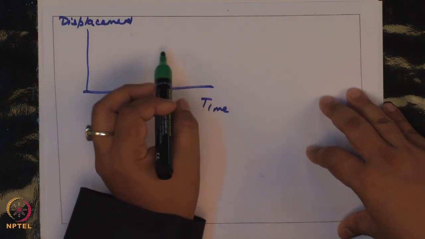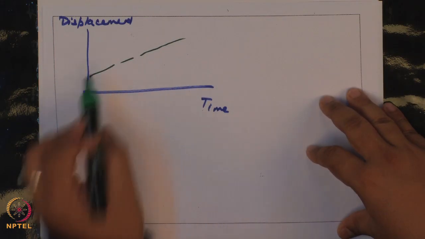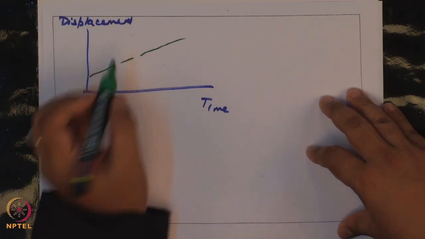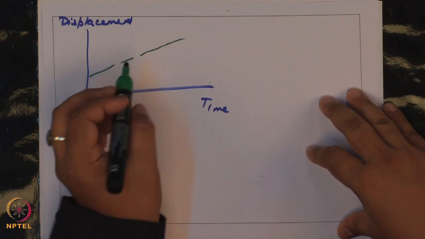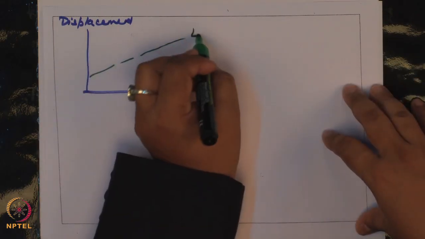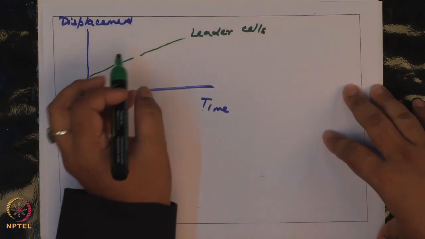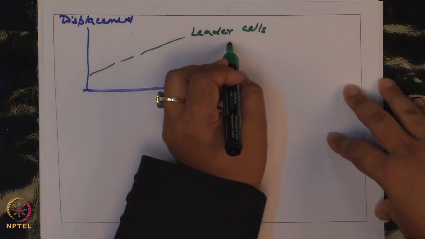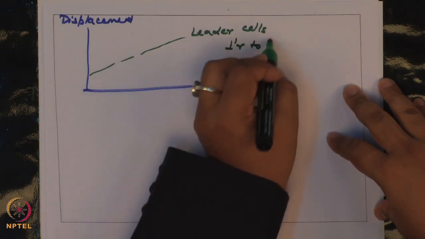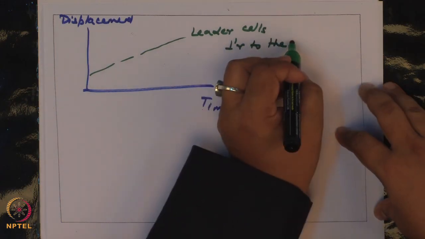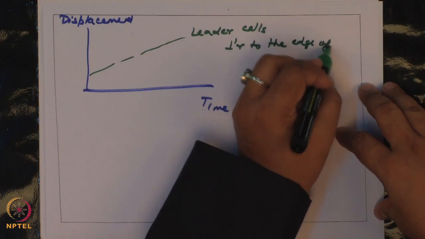The leader cells exhibited a faster migration rate. So, leader cells were migrating almost perpendicular to the edge of the epithelium.